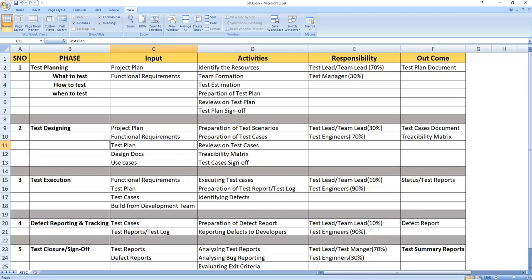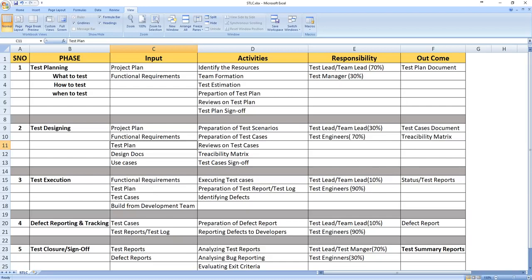Then design document. And design documents means sometimes there are some design documents also prepared. The design documents include some picturized format like use case and everything. By seeing the pictures, we will understand the functionality more. Sometimes SRS document contains paragraphs of text. So by reading the text, we cannot understand 100% full-fledged functionality.